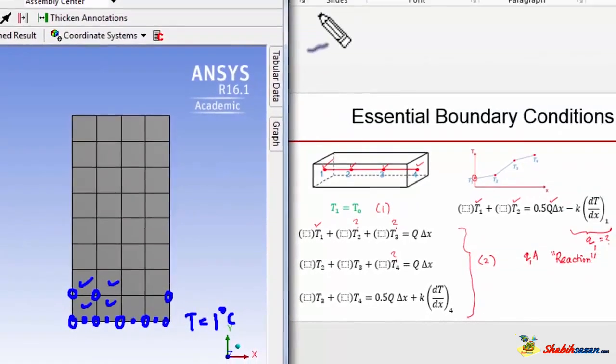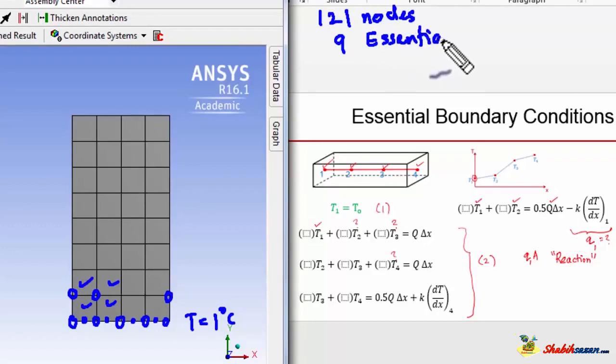So we have 121 nodes in total. 9 temperature values will be determined from the essential boundary condition. And then there are the remaining 112, which are determined by inverting a 112 by 112 matrix.